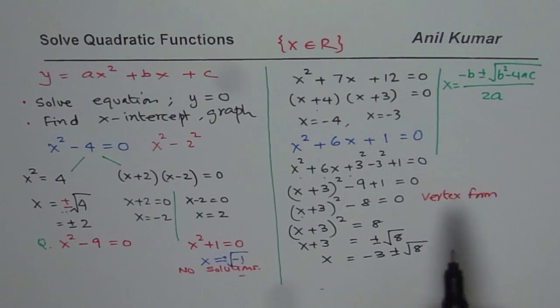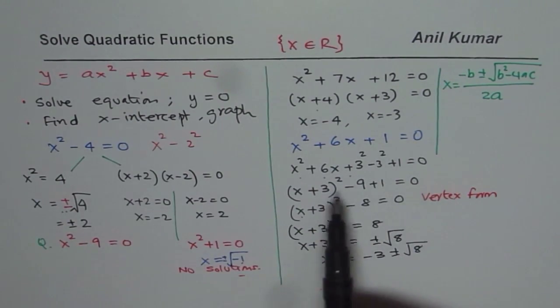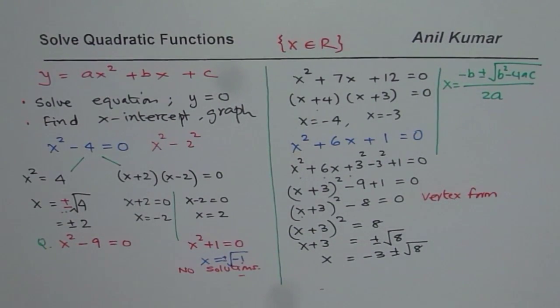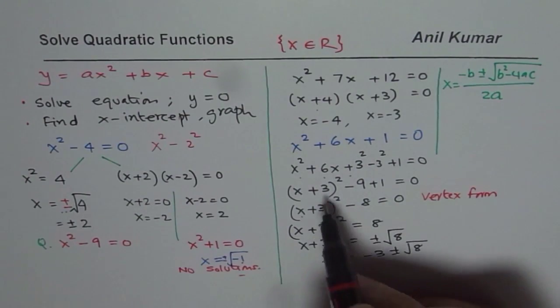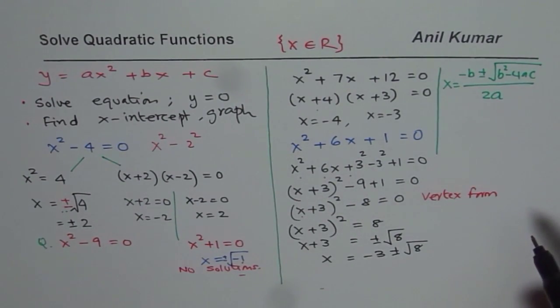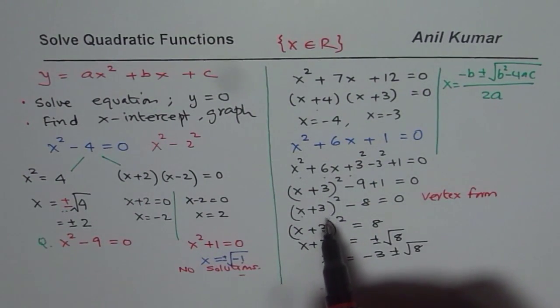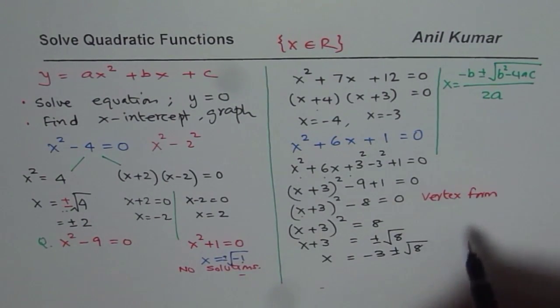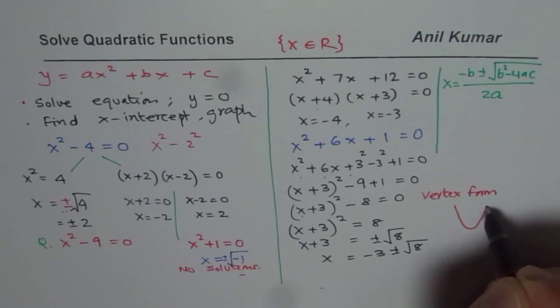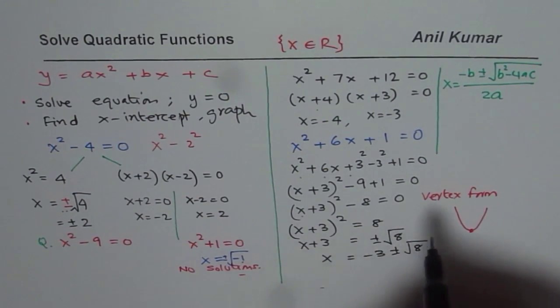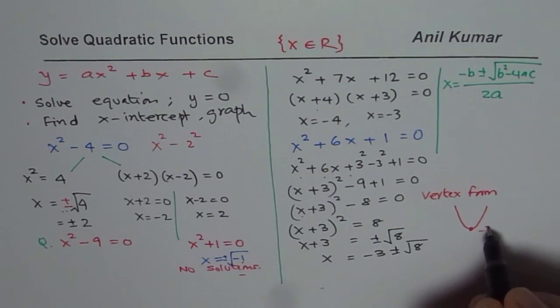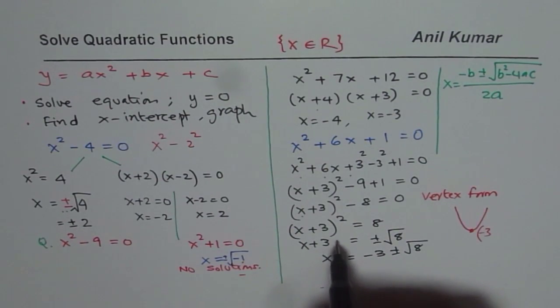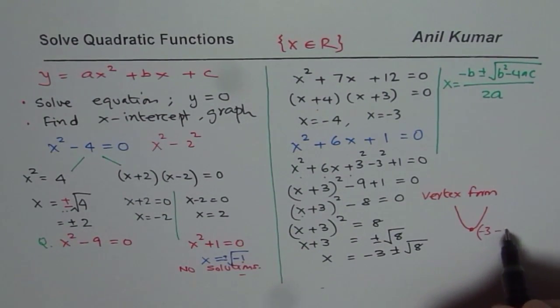I hope that helps. Now, this equation, which I wrote in the vertex form, helps you to even find more characteristics of the quadratic function. One of them is to find the maximum or minimum value. Since the coefficient is positive, your parabola is going to open upwards. So at the vertex, in this particular case, the vertex is at minus 3 and the minimum value is minus 8.